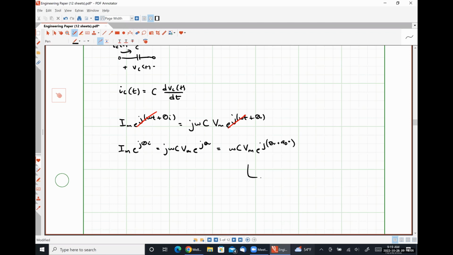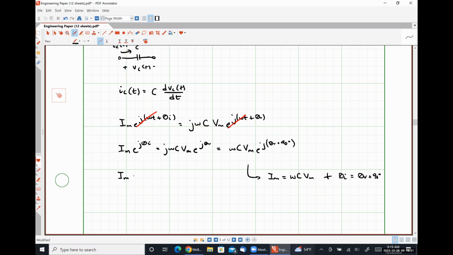From this, we can see that our current magnitude Im is equal to ωC Vm, and our current phase angle θI is equal to θv plus 90 degrees. So for a capacitor, our current and voltage are once again 90 degrees out of phase, but this time our current is leading our voltage by exactly 90 degrees.